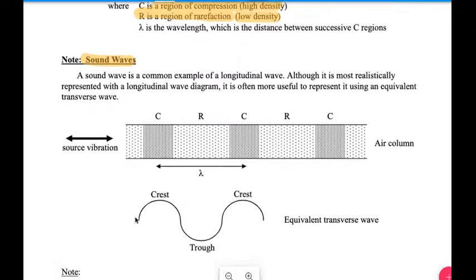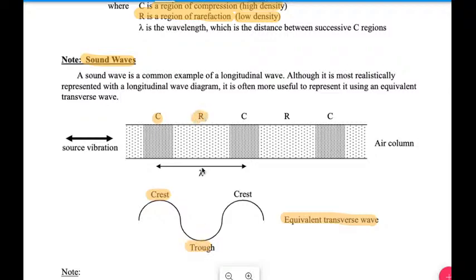We'll often actually convert that to a transverse wave, a representation or a model of a sound wave. So instead of showing zones of compression, we would represent it as a transverse wave with a crest. And a rarefaction, where they're furthest apart, would be our trough.